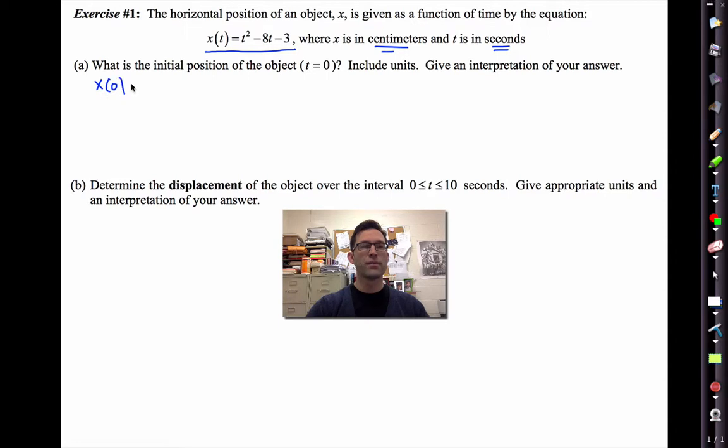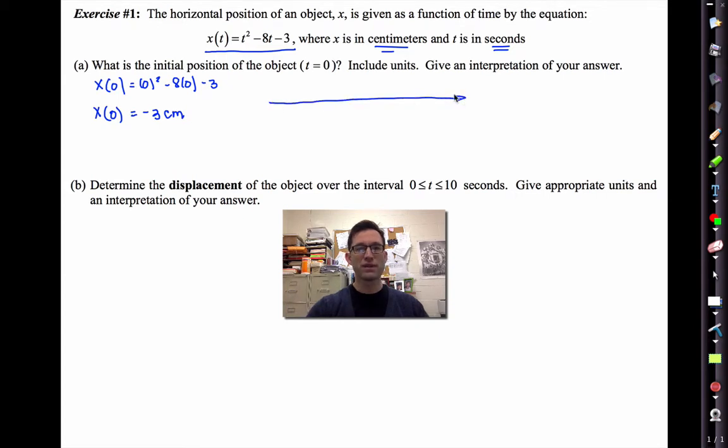X of 0, and we could go through all of the math, but 0 is such a nice number, especially when you're dealing with polynomials. We find that x of 0 equals -3, and include those units, centimeters. So what's the interpretation? It's really quite important.